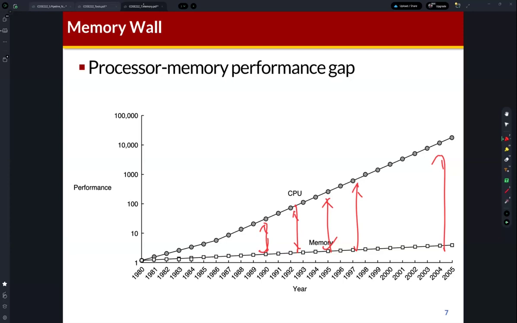CPUs are very, very fast. You can observe that CPU clock frequency is around 3 gigahertz or 5 gigahertz recently, but memory is slow compared to the CPU. It is because of semiconductor technology. Semiconductor technology for CPU and memory are different.